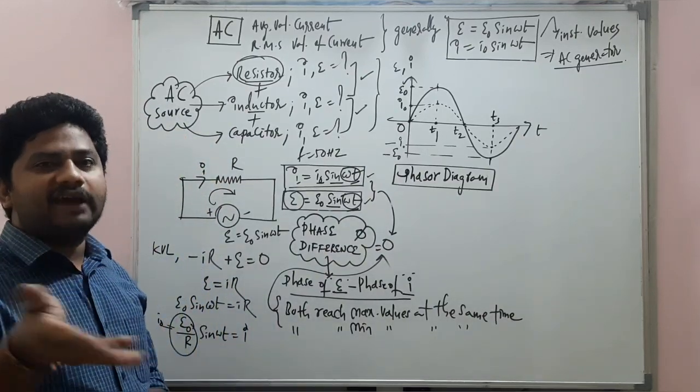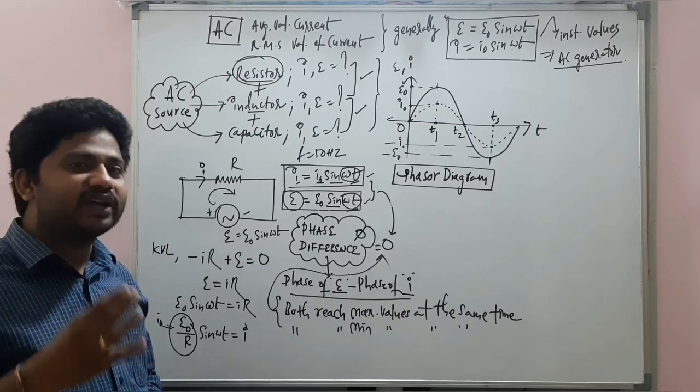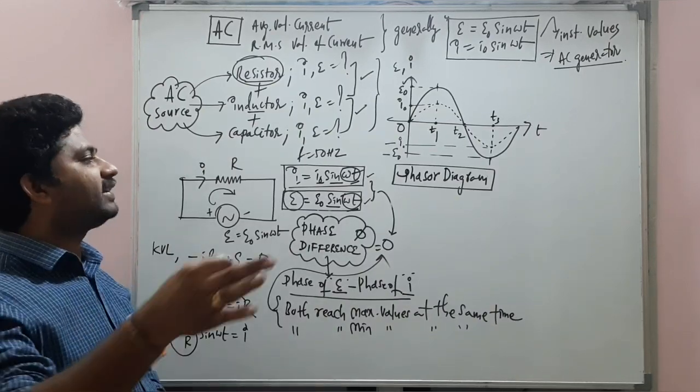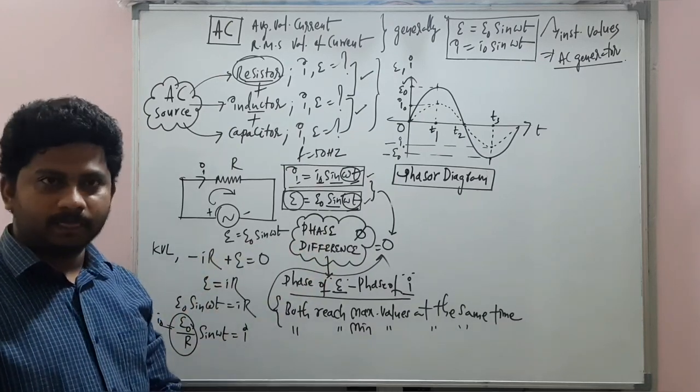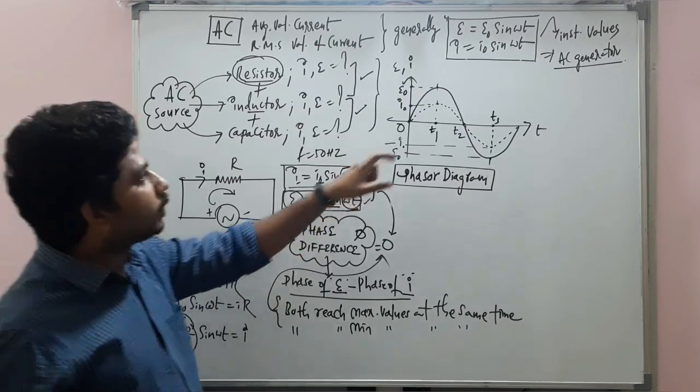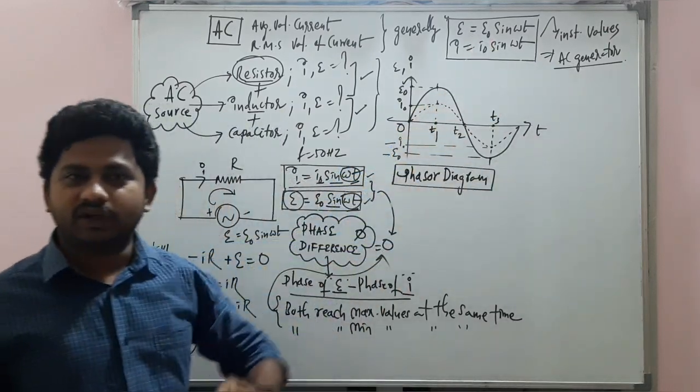Most of the students will have confusion on this phasor diagram, but you should never have, because we are discussing the easiest method of understanding the phasor diagram now. Look at these functions I and E. Both are sinusoidal, right?